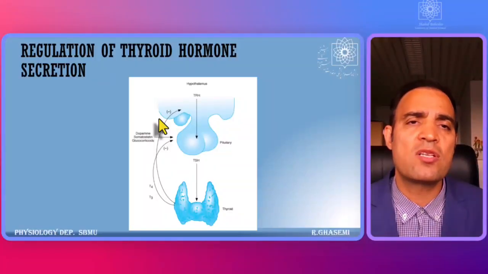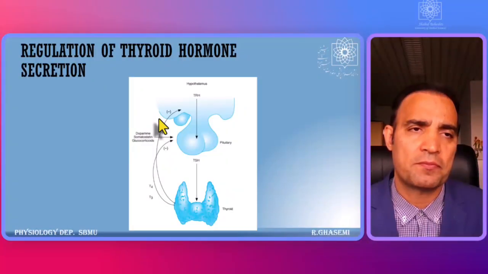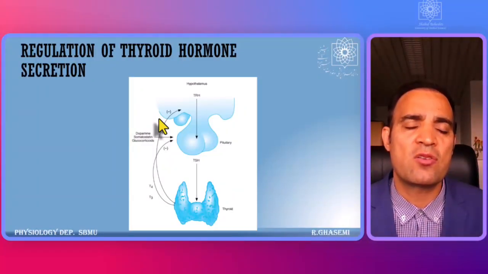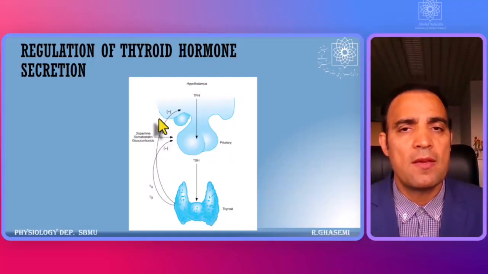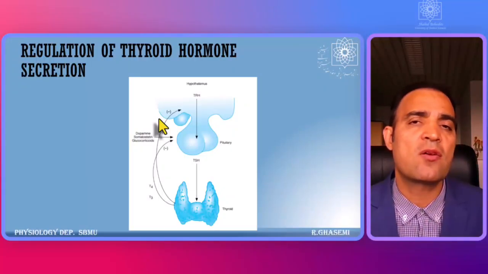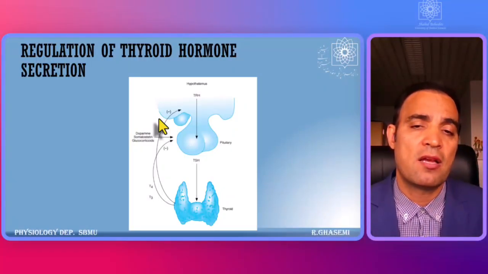And now the question is how the thyroid hormone is being regulated. How is the secretion of thyroid hormone taking place? Thyroid hormone secretion is under the control of the hypothalamus-pituitary gland axis.